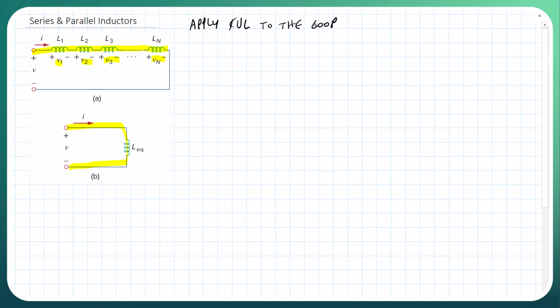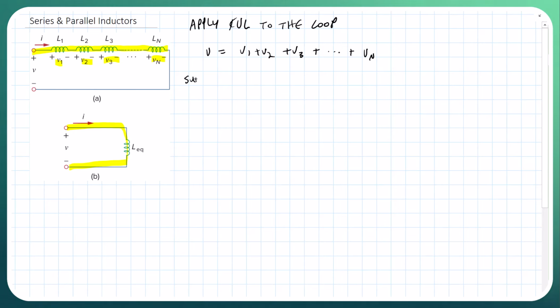And when we do that, we see that our total voltage is V1 plus V2 plus V3, all the way up to the number of inductors we have, so V sub n.